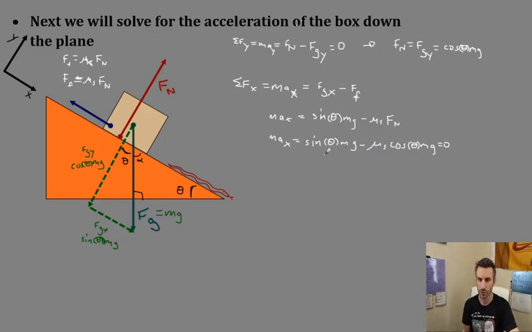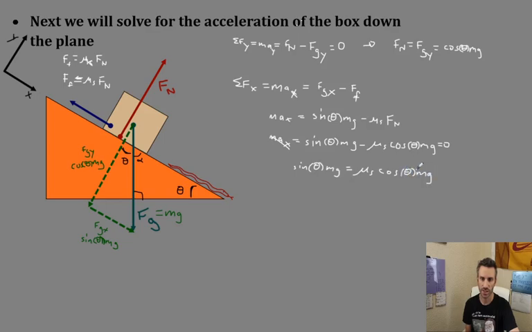Well, if that's true, then this whole thing kind of goes away, and we need to set this whole thing equal to 0. So I'm going to add mu s cosine theta mg to each side. So sine theta mg equals mu s cosine theta mg.